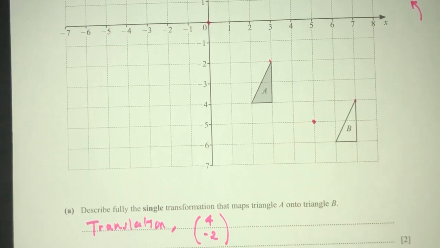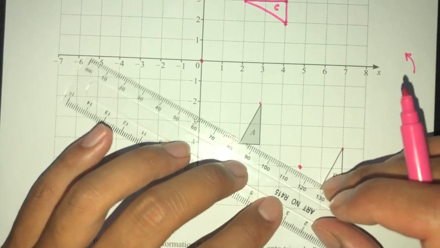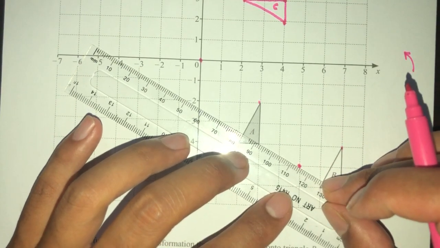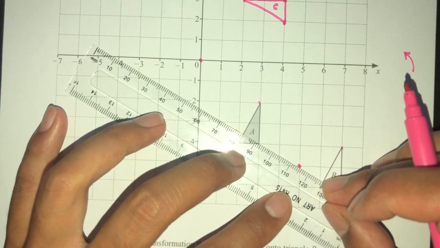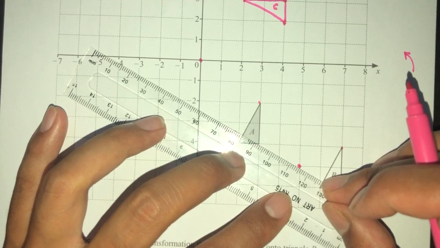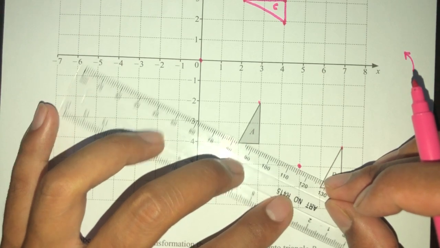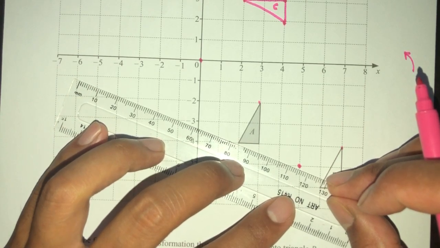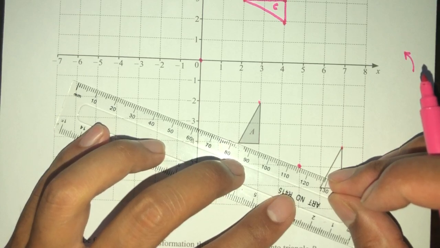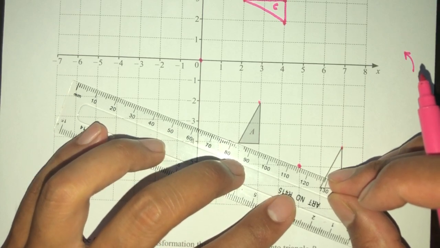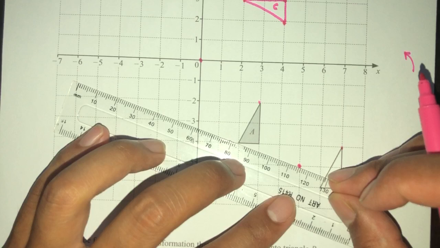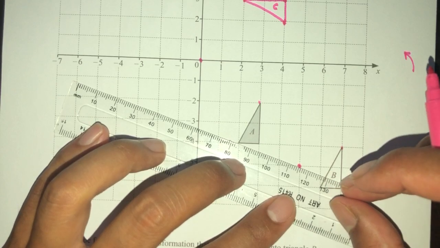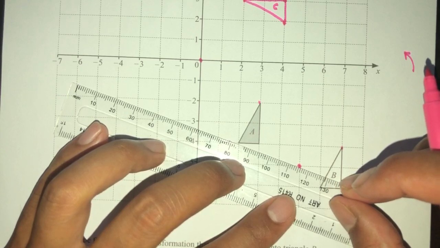Pretty easy. First things first, let's connect the center to the vertices of these triangles. For example, this will be connected with this one. Again, you have to use a pencil obviously, because this one is not very accurate, so I will advise using a pencil.